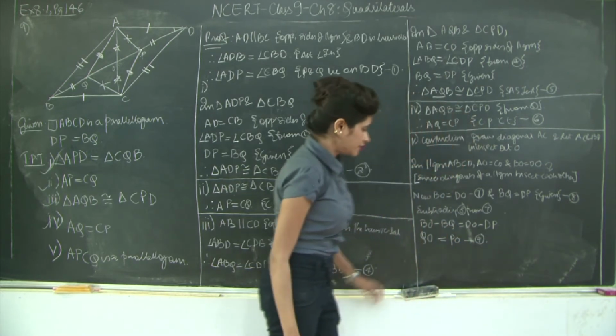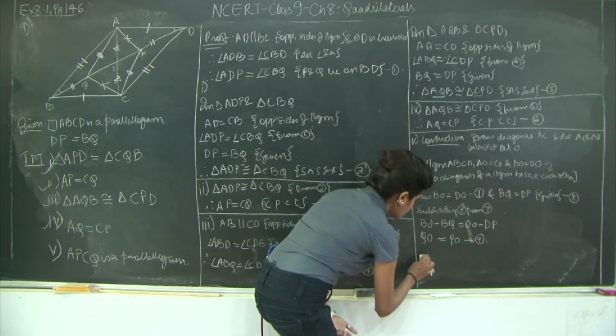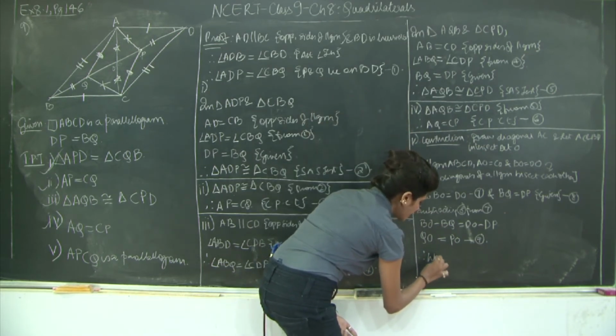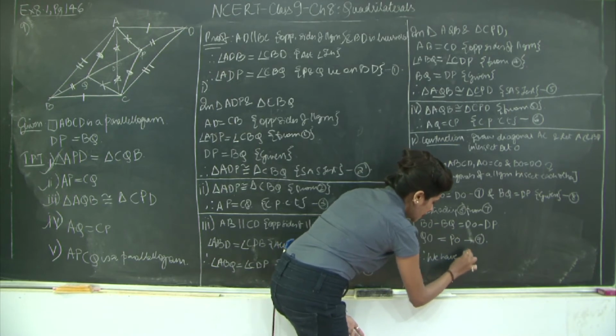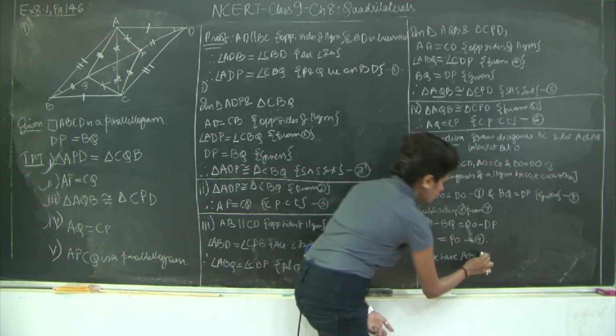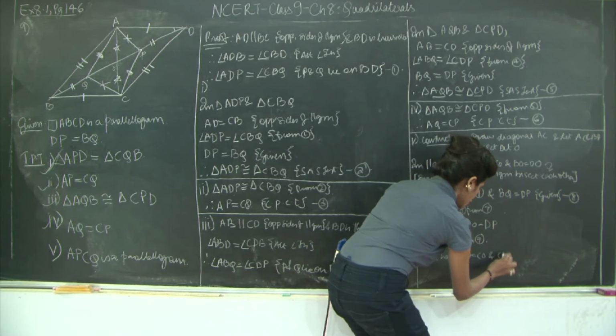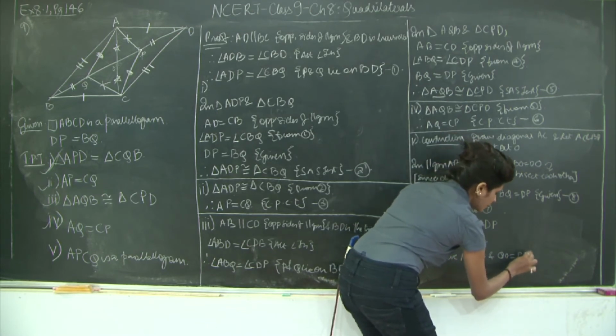Therefore, what do we have? Therefore, we have AO is equal to CO and QO is equal to PO.